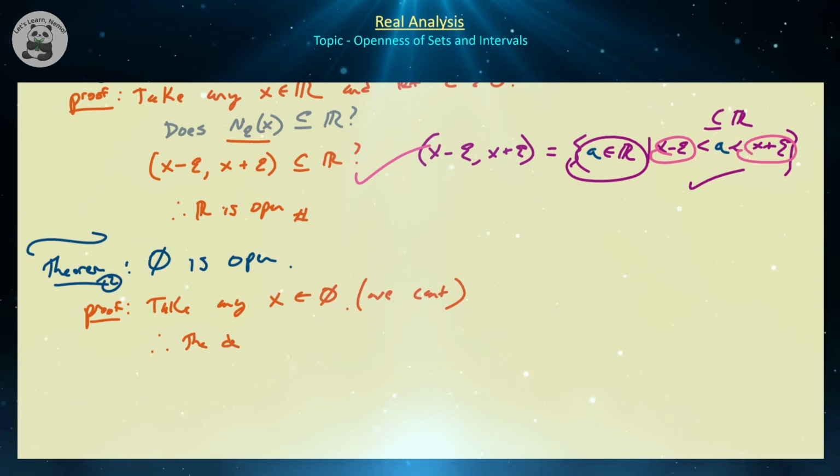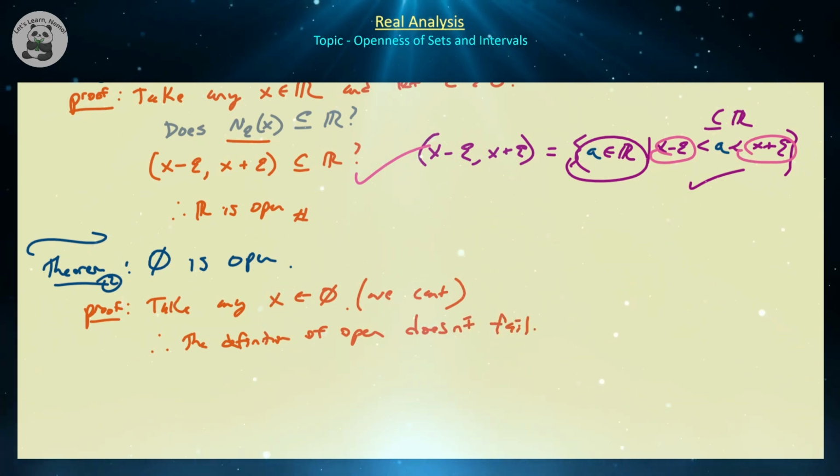So the definition of open doesn't fail, right? Because we can't show that an epsilon neighborhood of this chosen x isn't a subset of the empty set. And we know that a set is a subset of itself, technically speaking, right?